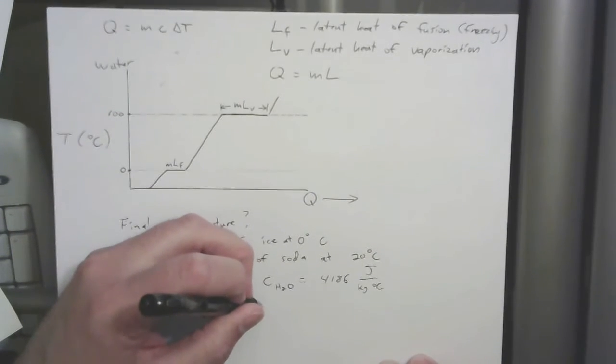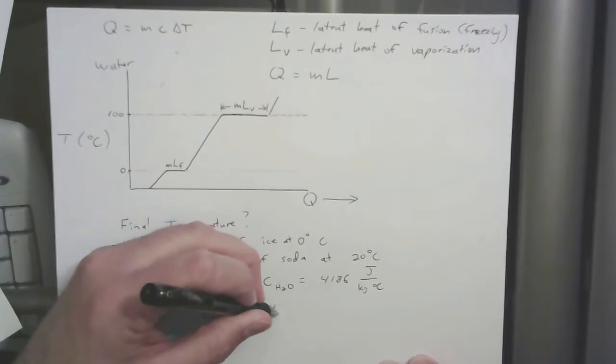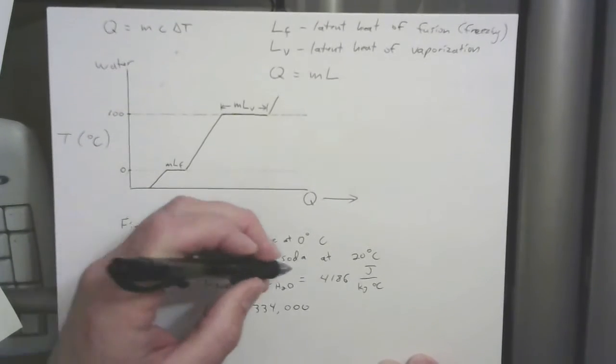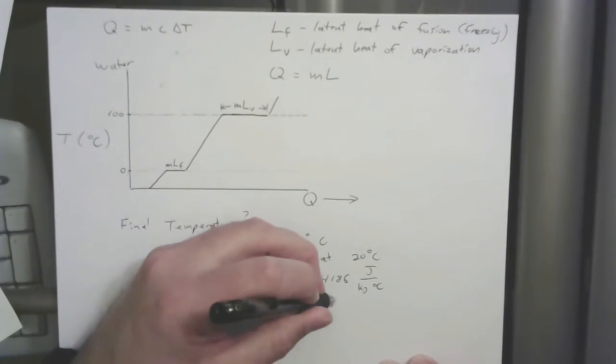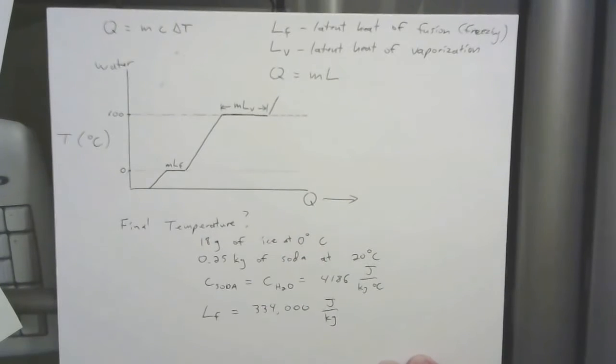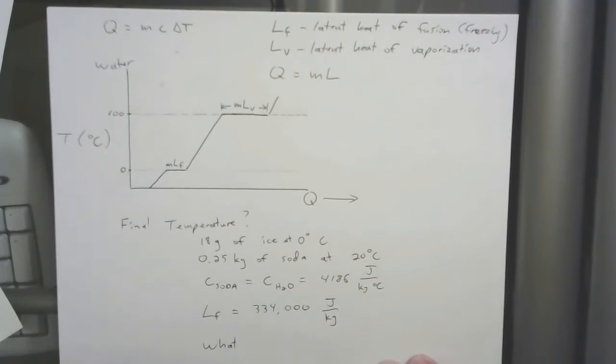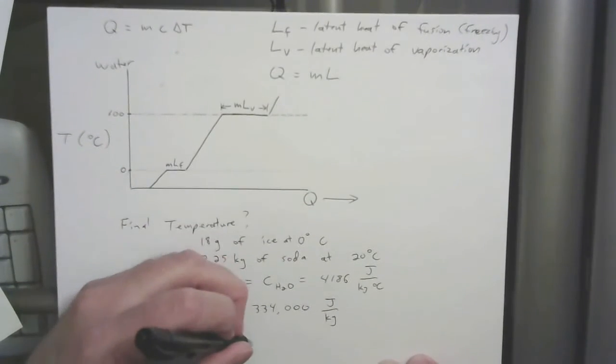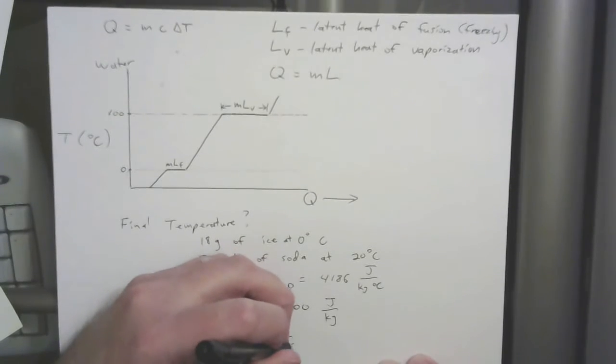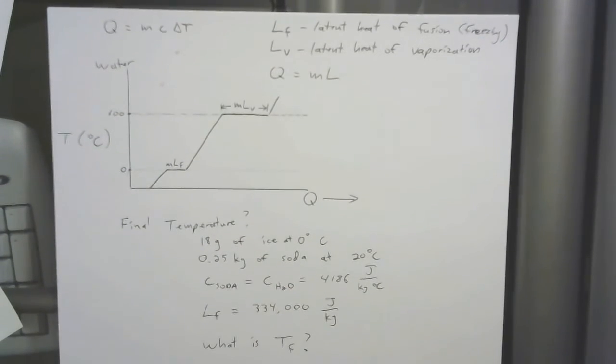And that's going to be 334,000 joules per kilogram. Pretty big number, but the latent heat of vaporization for water is even more vast. And then the question is, okay, you put ice cubes in the soda, and then what is the final temperature? Okay, so that's the problem statement.